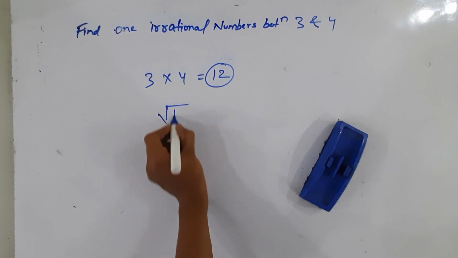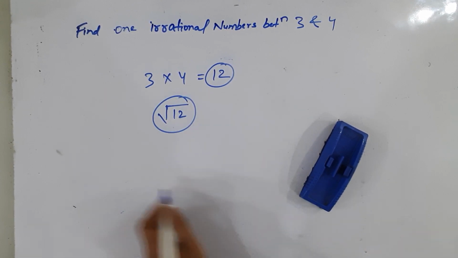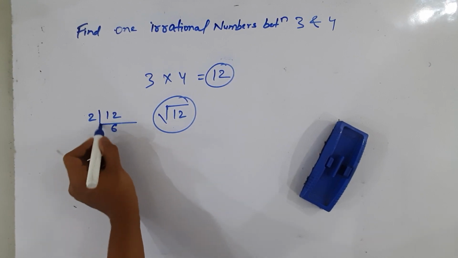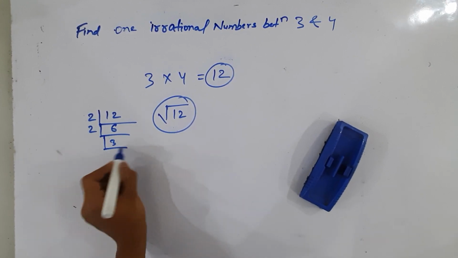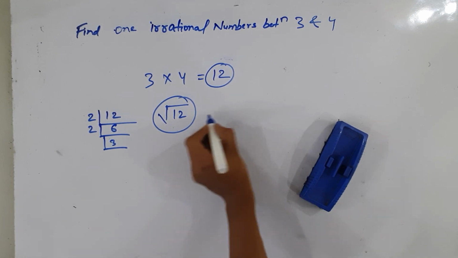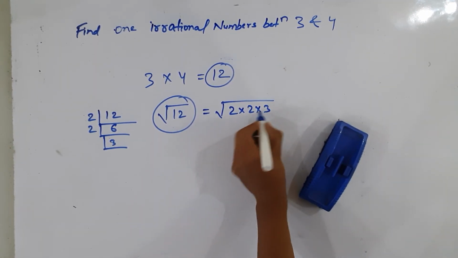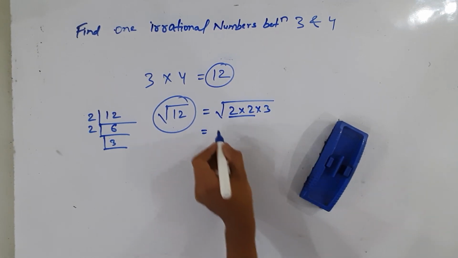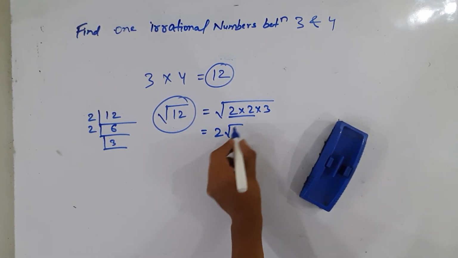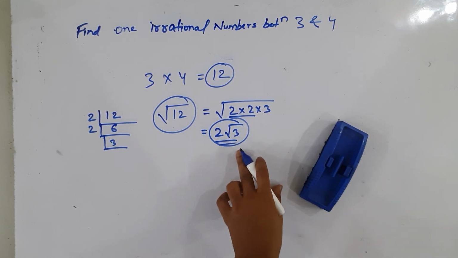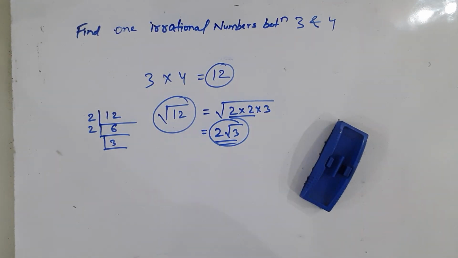So root 12 will be the irrational number, or we can express it differently by doing the prime factorization. It is root of 2 multiplied by 2 multiplied by 3. From the two 2s we can take out one 2, so it is 2 root 3. So this 2 root 3 is an irrational number between 3 and 4.